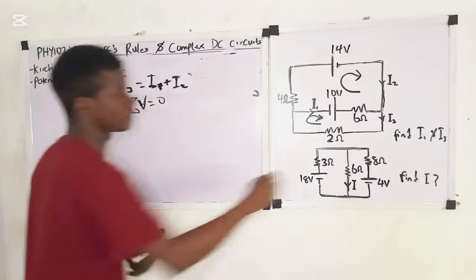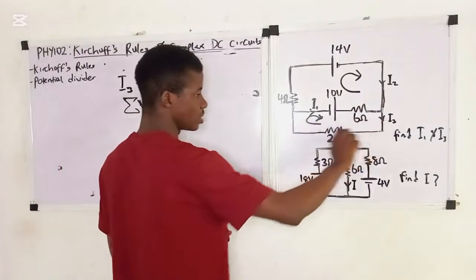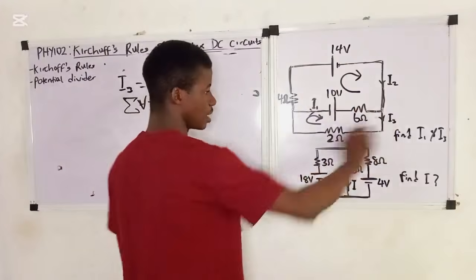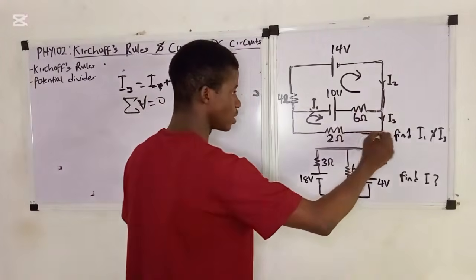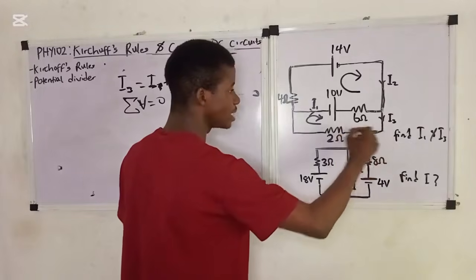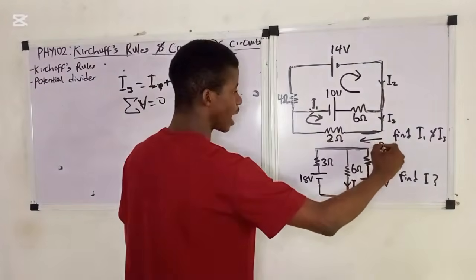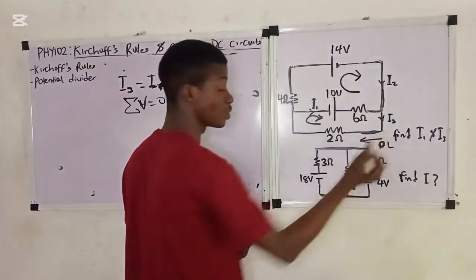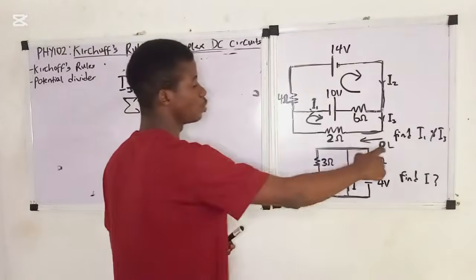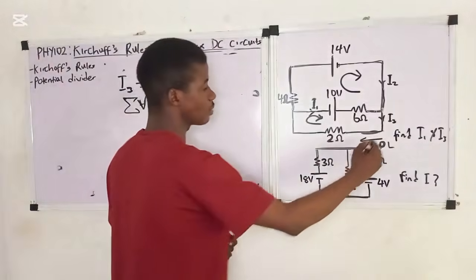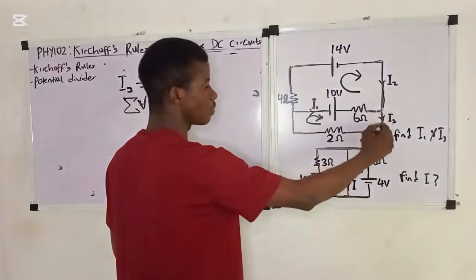Yes. Now let's start from here. Remember, I'm moving like this, clockwise. Our direction of loop is like this. I can call this DL, the direction of loop, so that you guys understand. Don't worry about the direction of current.